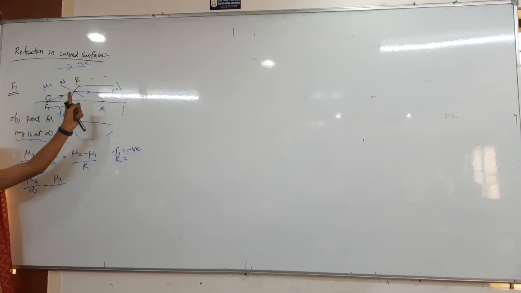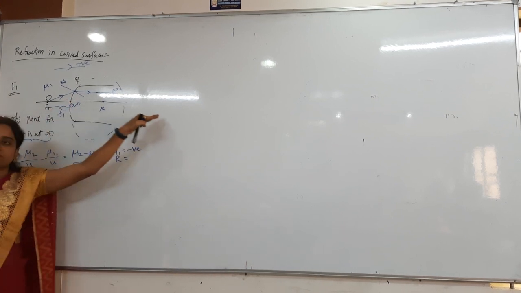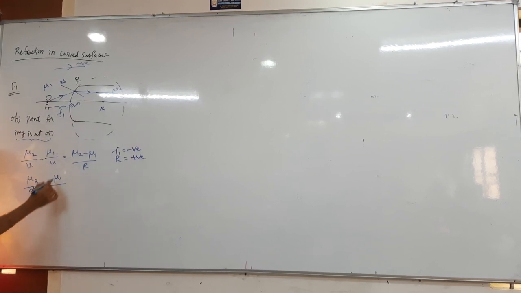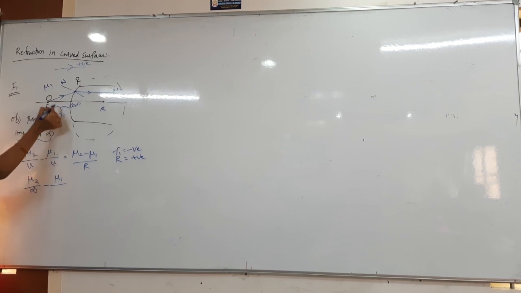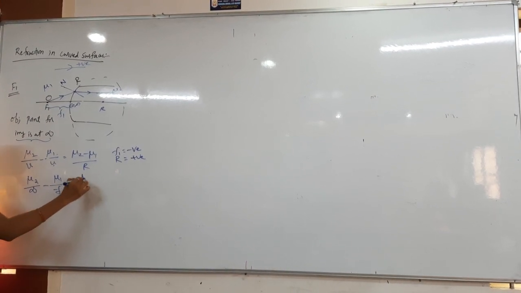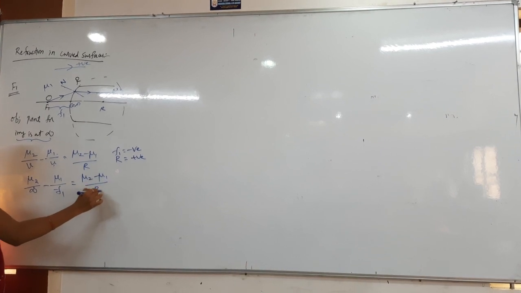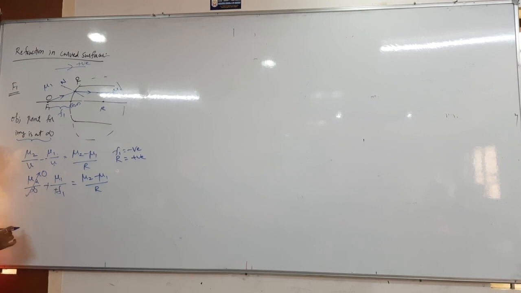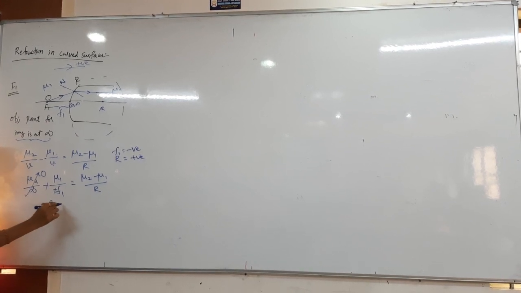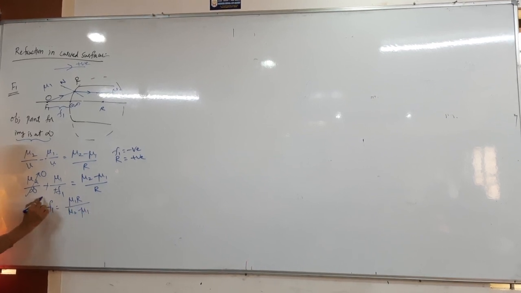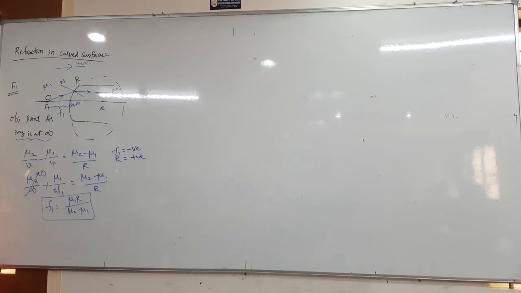The right direction only, we measure from the pole and travel in this direction, so the radius will be positive. Then mu1 by u, with u equal to minus F1, is equals to mu2 minus mu1 by r. The term mu2 by v becomes 0. Then minus minus gets cancelled, and the answer is F1 is equals to mu1 r by mu2 minus mu1. This is F1.